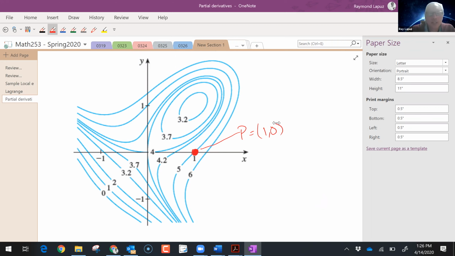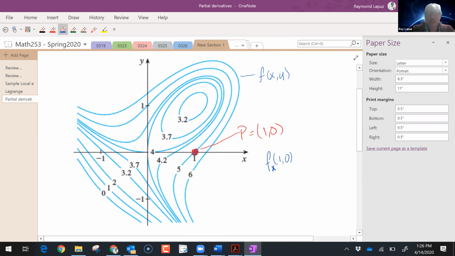What I want to do is figure out a couple of things. If this is my function, f of x, y, I want to know the partial derivative with respect to x at this point 1, 0.